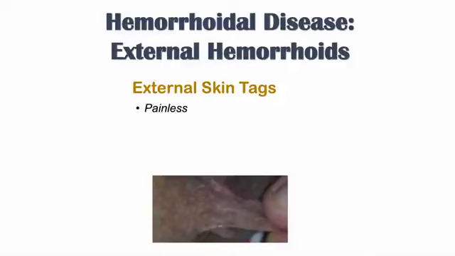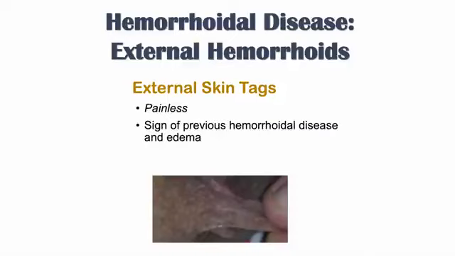Another sign we can see with external hemorrhoids that we don't see with internal hemorrhoids are external skin tags. These external skin tags are painless, and they are often a sign of previous hemorrhoidal disease and edema. So if there had been some issue with hemorrhoidal disease in the past, and there's some swelling in that area that has now resolved, it can lead to external skin tags.